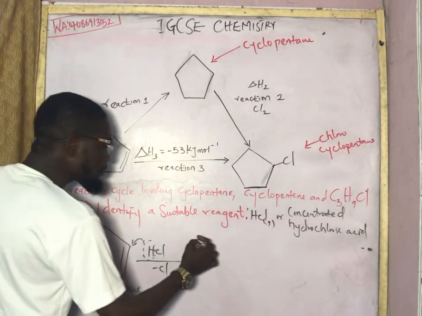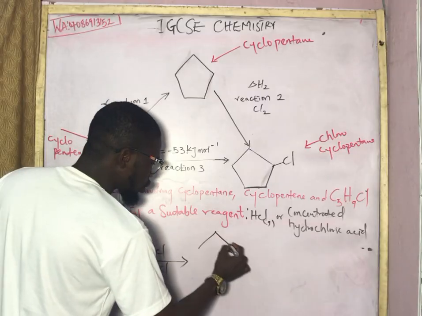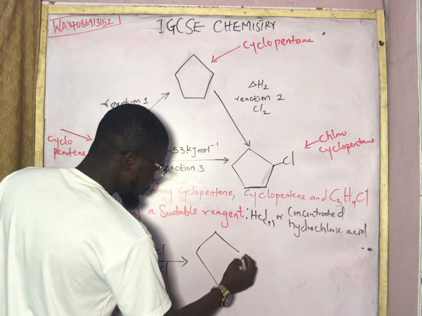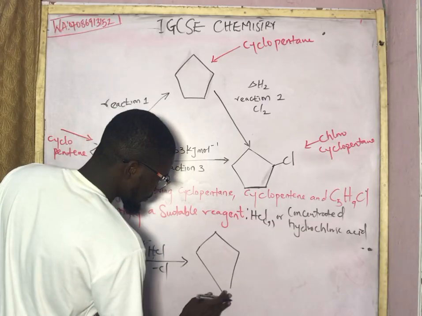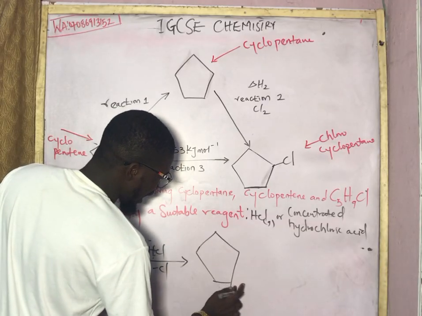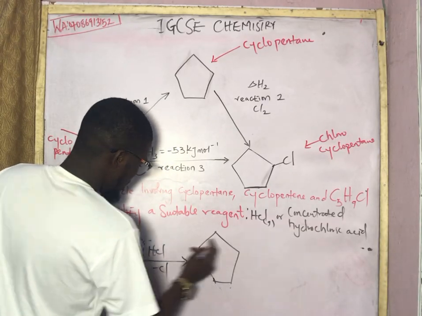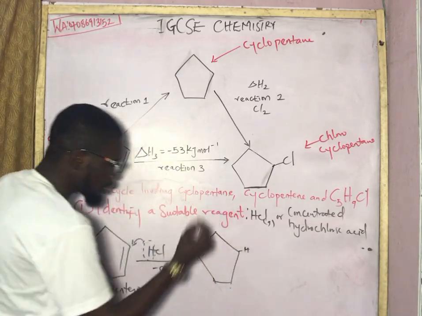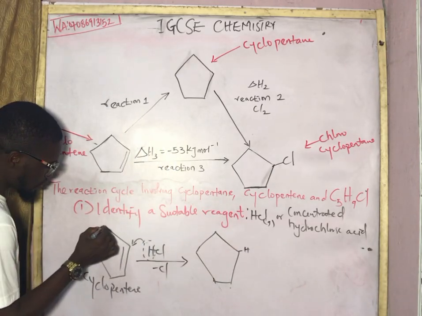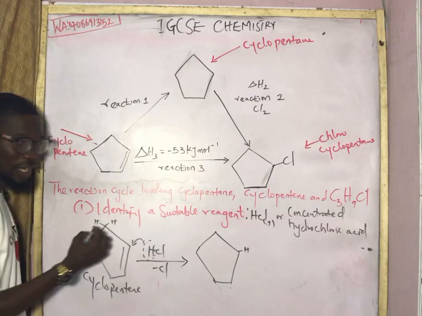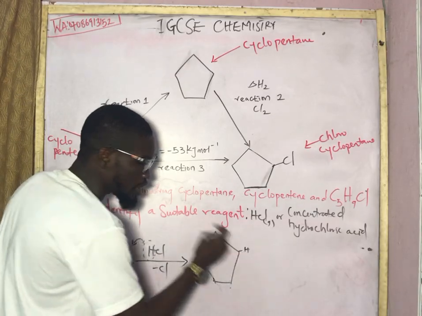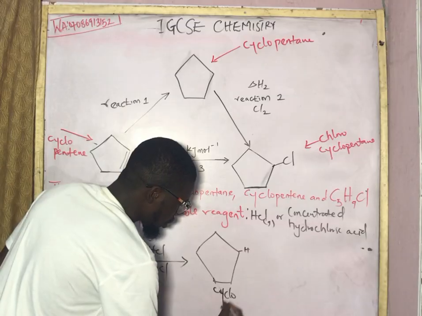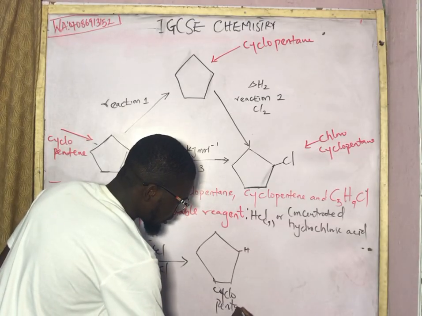So now, if you are to draw the structure again, I have this. My hydrogen is introduced here. Mind you, each of these will have this. Are you with me now? So my hydrogen is introduced to this place. Here we know as what? Cyclopentane.